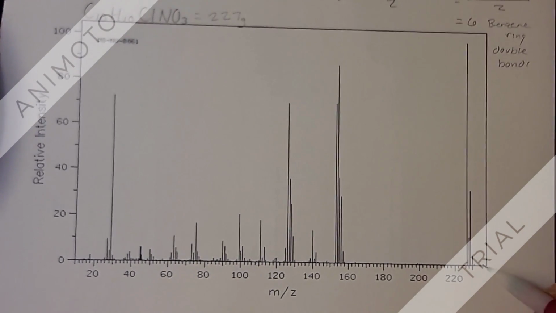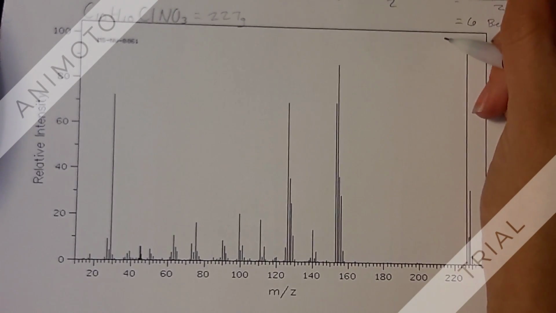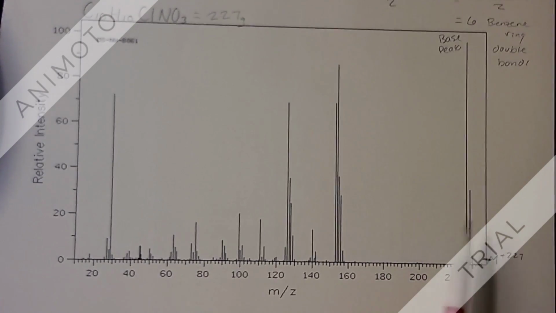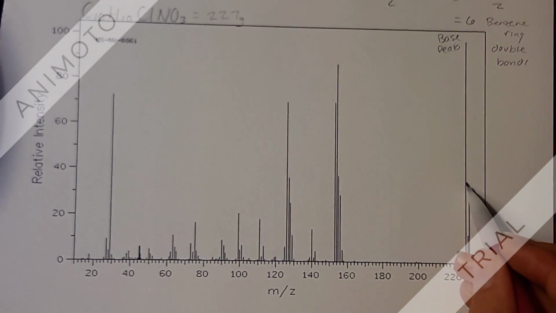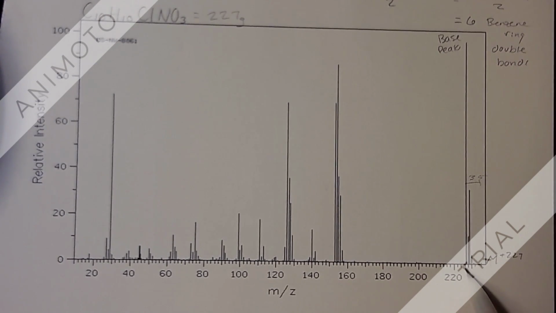And on our mass spec, it doesn't go up to 227, but it's around here. And so we're going to denote that M plus 227 over here, and then we're going to start calculating the fragments based on these peaks. Our highest peak is considered the base peak, and our base peak happens relatively late in the mass spectrometry, so we are only going to calculate these fragments here, which equal 3.5, because this one is at about 123.5.